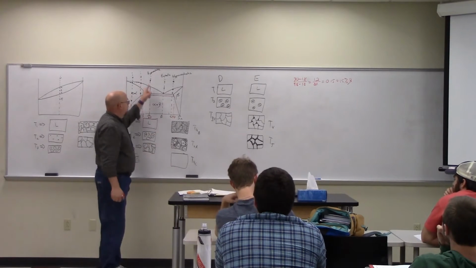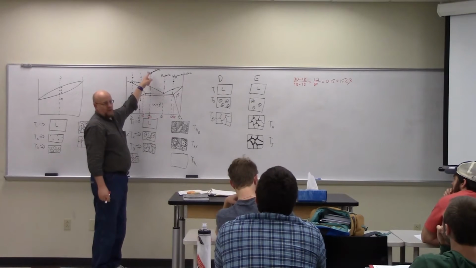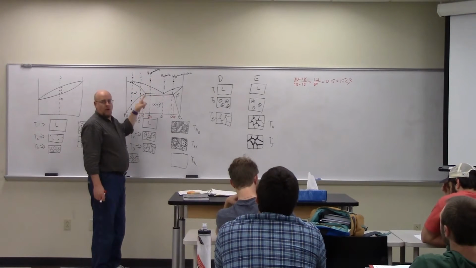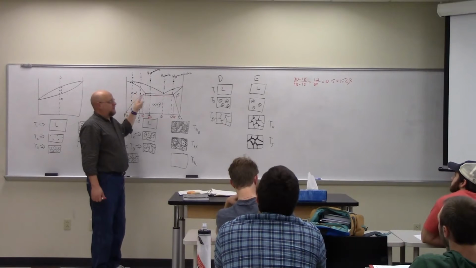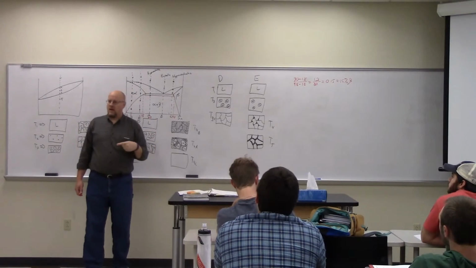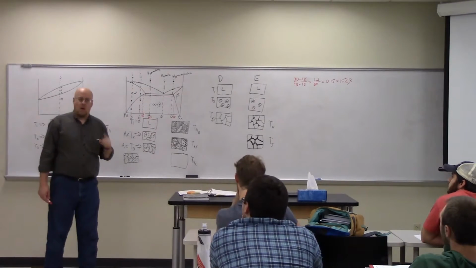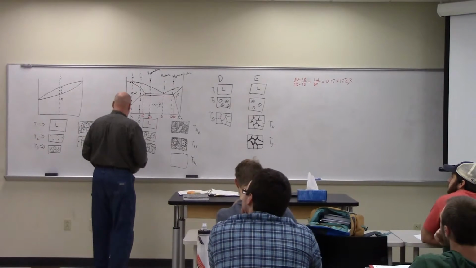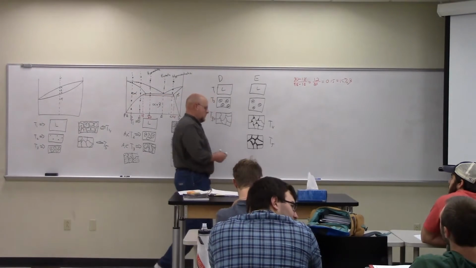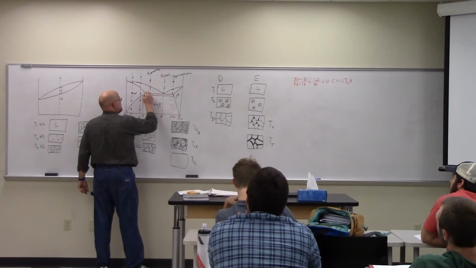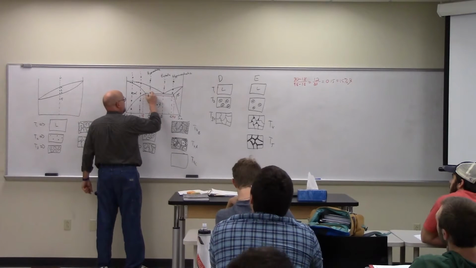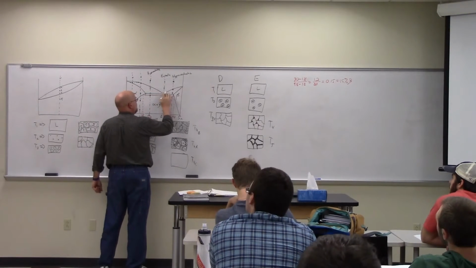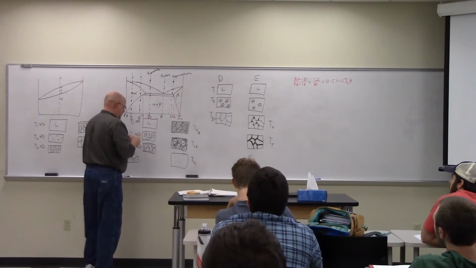If I ask you, this hypoeutectic material is cooled slowly, what do I have at that point? It is insufficient to say I have 15% beta and 85% alpha. To find out what I have, I have to consider what I had right before that transition.